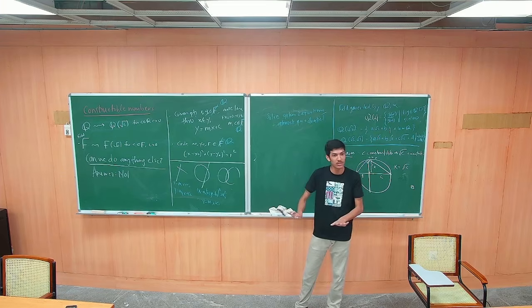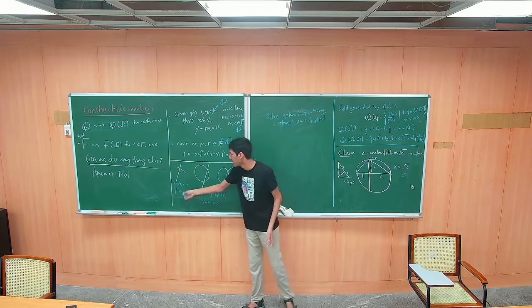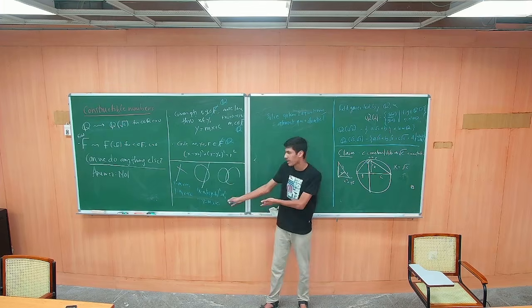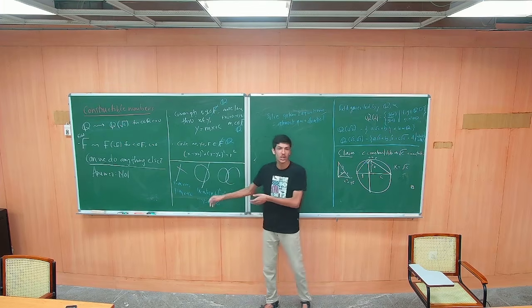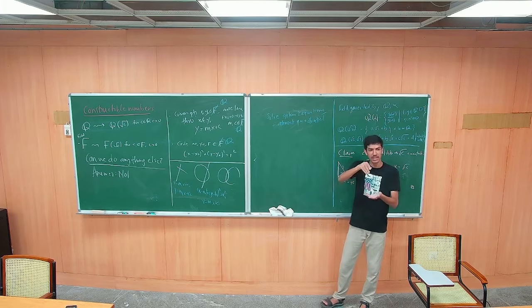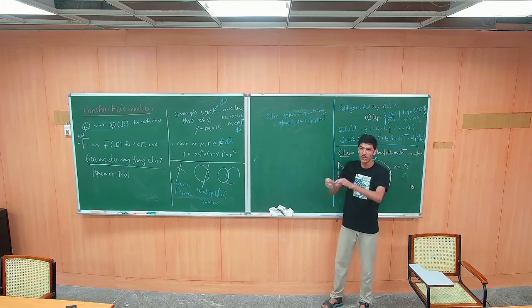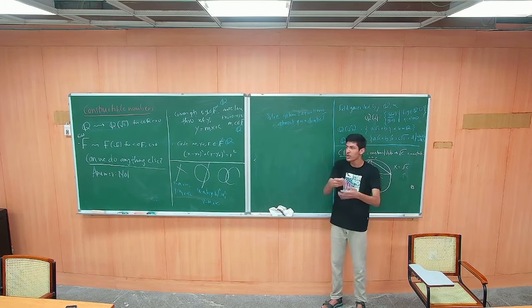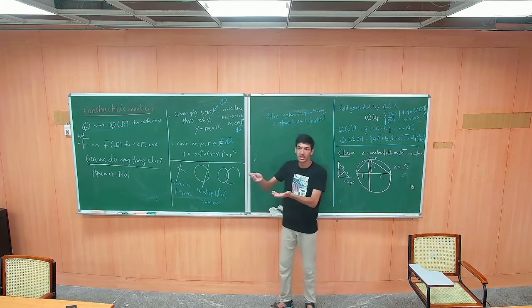Is this clear? Here you only end up with Q. You don't have to leave the field. Just solving a system of equations, the worst thing you have to add is a square root. By the quadratic formula you will have some minus b plus square root b square minus 4ac by 2a, but the minus b and 2a you can get rid of because you are working over a field.